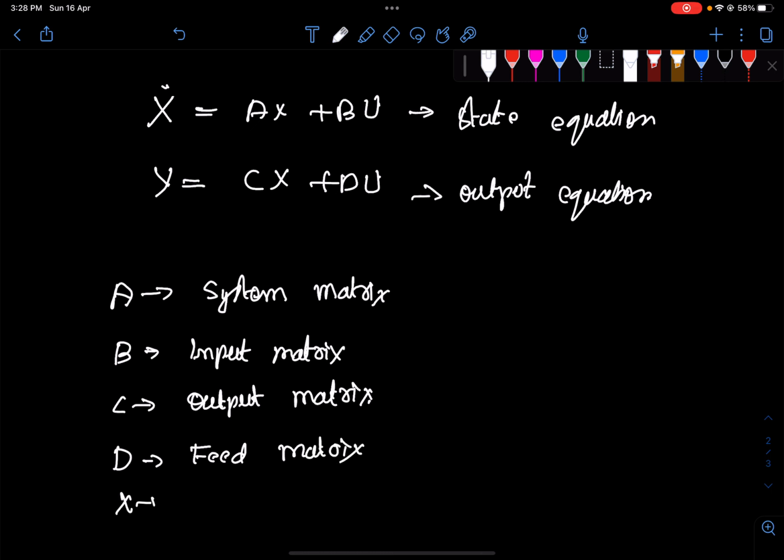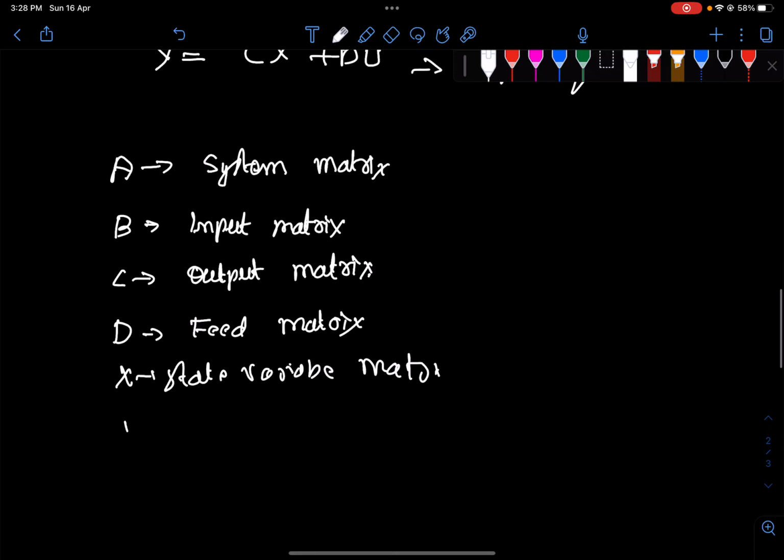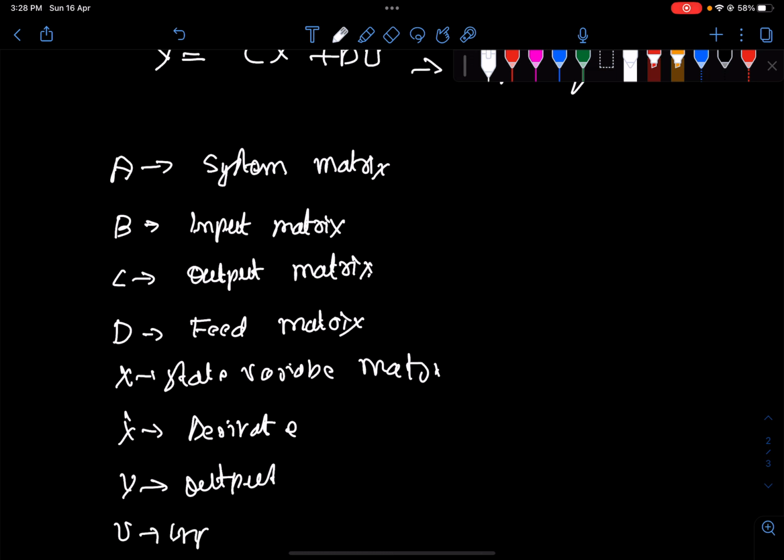X is called the state variable matrix or state matrix, and X dot is the derivative matrix of the state variable. Y is the output and U is the input. So this much you got.